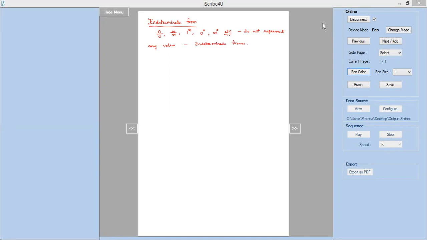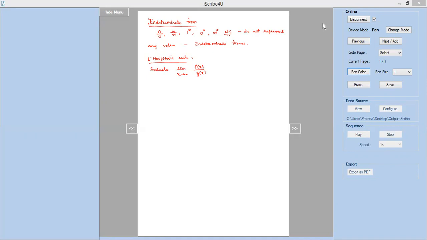So for such forms, we apply a theorem called L'Hopital theorem or L'Hopital rule. Here we evaluate limit as x tends to a, f of x divided by g of x, where f of x and g of x are two functions such that limit as x tends to a f of x is 0 and limit as x tends to a g of x is also 0.